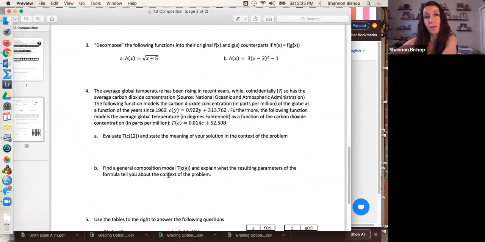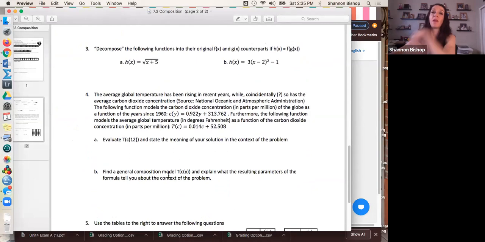Okay, so the next item up for bids is being able to look at a function and acknowledge its composed counterparts. So if you look at this first one, first of all, the directions, let's just make sure you understand the directions. So decompose essentially means take apart.